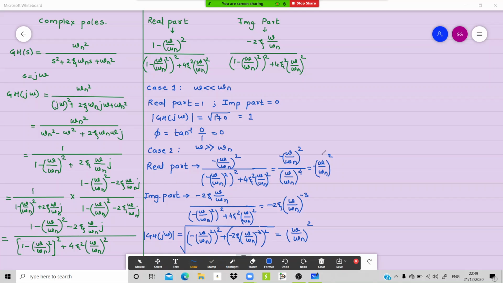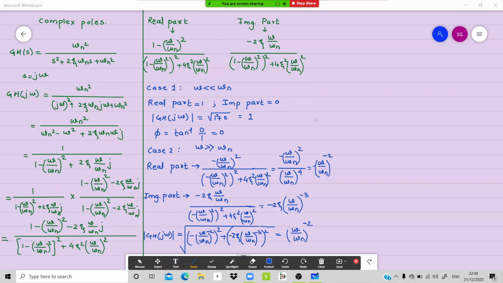I think I have written 2. See, raised to 2, raised to 4, when it will go over here, it will be minus 2, right? And that's why it is minus 2. I forgot to write. So this is minus 4 power and this is minus 6 power. We can neglect it. As omega increases, this will tend to 0 very fast. So we are neglecting this. Raised to minus 4, root to raised to minus 2. Now it's clear.